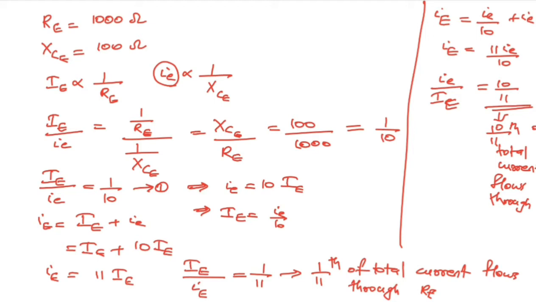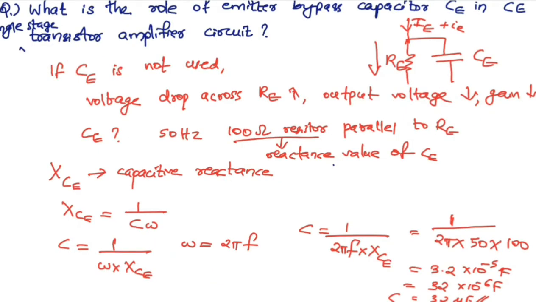So we have to use the emitter bypass capacitor to entirely bypass the AC signal. In practical circuits, the reactance of CE is very small, so we can assume it as shorted. So when the AC signal enters, it will bypass entirely through the capacitor. This is the case of a practical circuit.